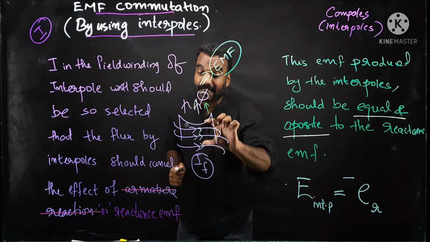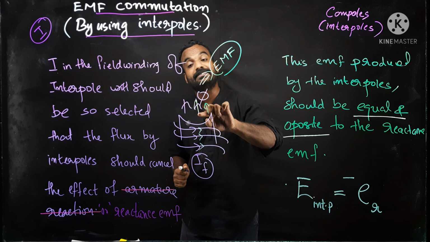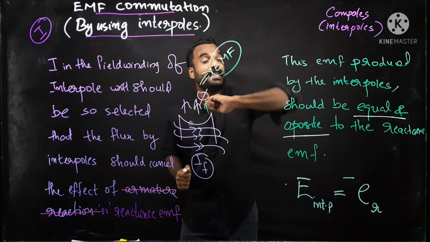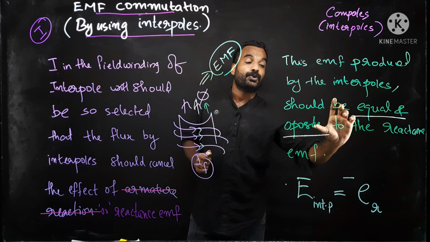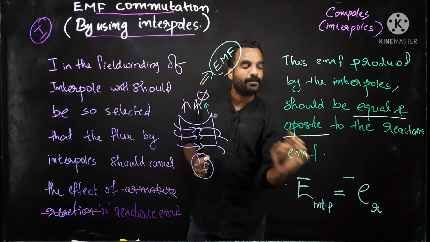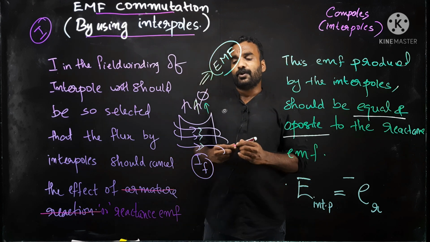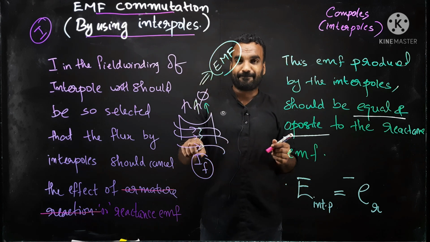Like that, the current direction should be so selected that the flux direction should be able to generate some EMF. That EMF should be equal and opposite to the reactance EMF. So, you have to select the direction of current in the field winding.